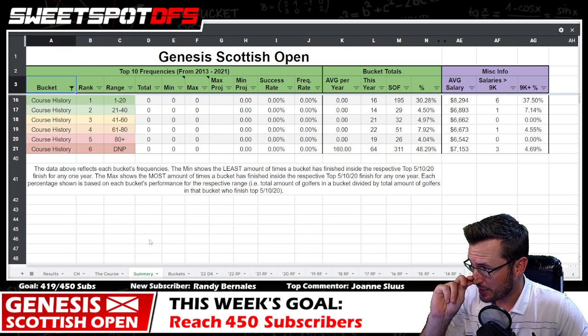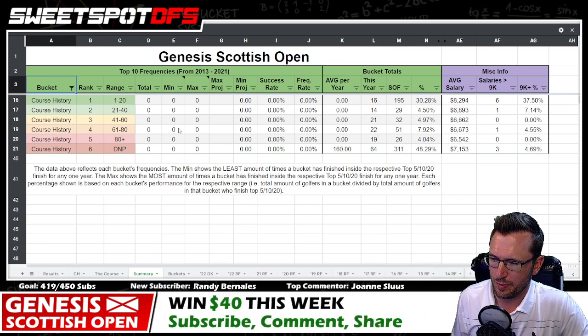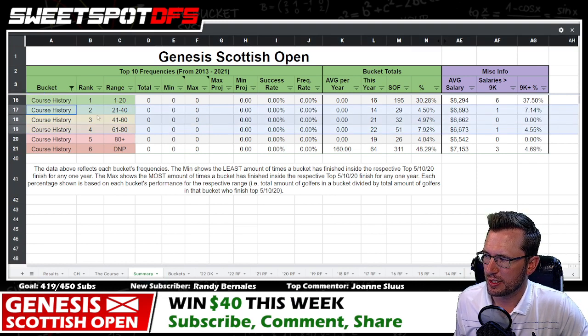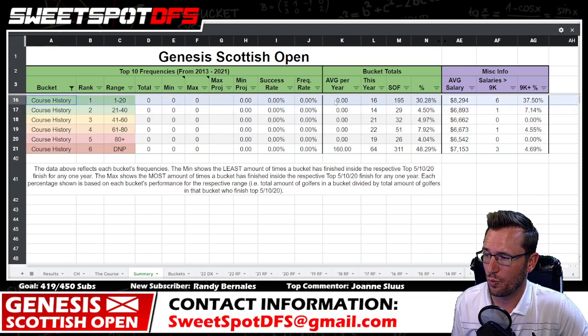Going to course history buckets, we do have a little bit of data here that we can use. Usually your best buckets are that 2 to 4, the course history 2, course history 3, and course history 4 buckets. But we have 16 golfers in the course history 1 bucket.